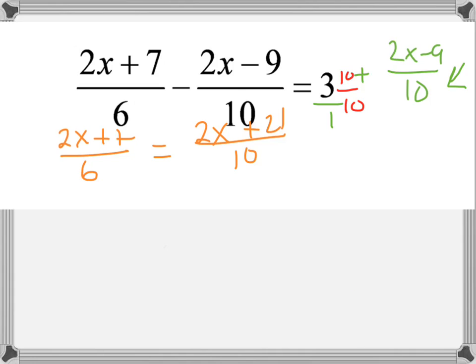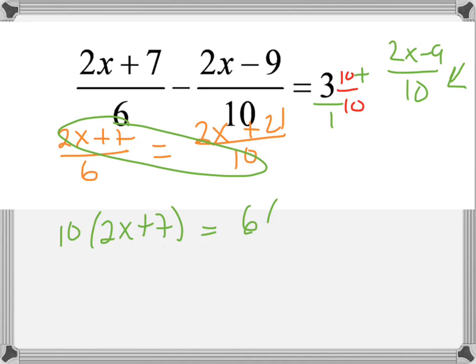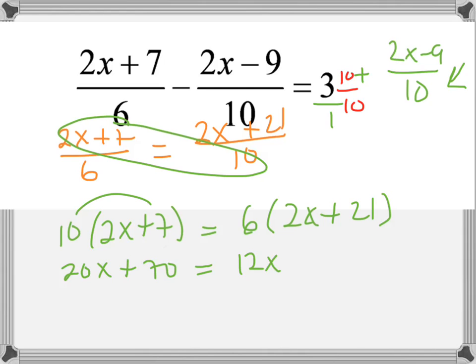So if I use cross multiplication here, I have 10 times 2x plus 7, and that's equal to 6 times 2x plus 21. So it'd be 20x plus 70, oops, gotta be careful, I'm making a lot of mistakes here. 20x plus 70 is equal to 12x plus, and then 21 times 6, 126.